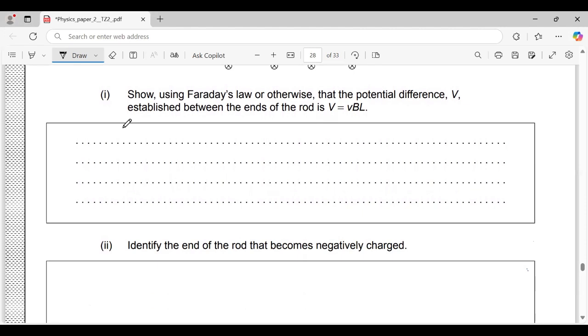So for a rod moving in a magnetic field, the electromotive force can be calculated by this formula: epsilon equals minus d phi over dt, where phi is the magnetic flux.